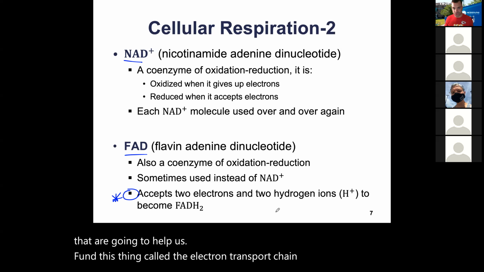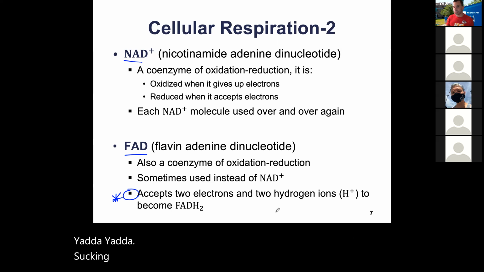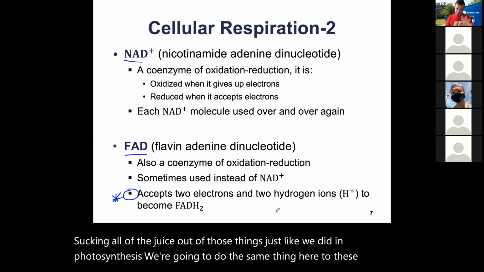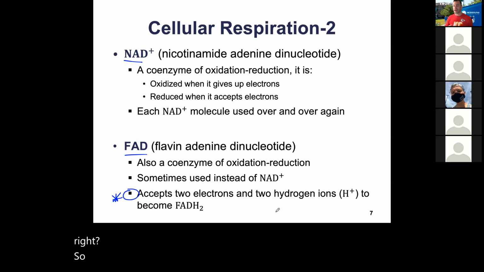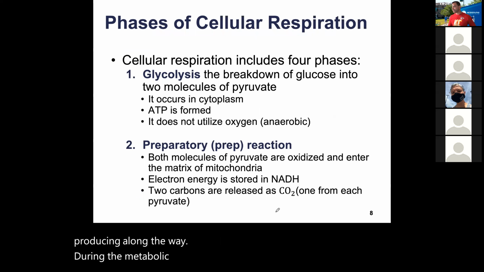Very similar to the photosystems that we saw. We're pumping across electrons, sucking all of the juice out of those things, just like we did in photosynthesis. We're going to do the same thing here to these electrons, all right? So it's these two that collect a lot of those electrons that we are producing along the way during the metabolic pathway. All right. So there are 4 phases, okay?